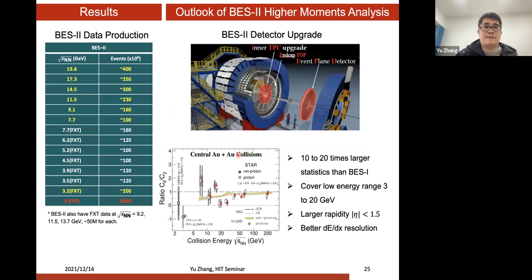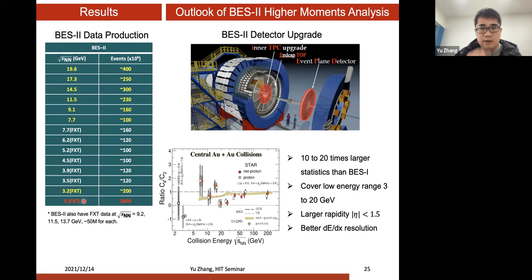So besides the 3 GeV measurement, I'd like to show an outlook of the net-proton cumulant analysis in the future BES-II data. BES-II has finished the data collection for energies from 3 up to 20 GeV. The statistics compared to BES-I are 10 to 20 times larger.